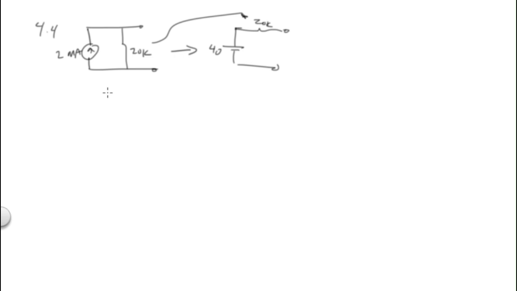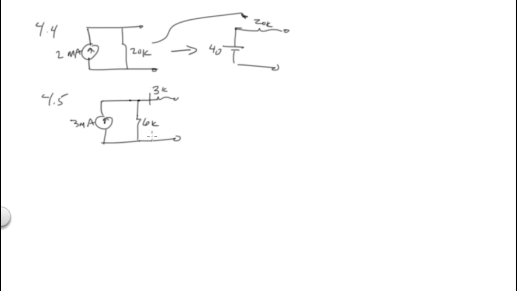The next one, 4.5, is the same thing with figure B. With B, we don't have quite the same thing, but we're close. I'm going to show you a trick here that allows us to do this very easily. We've got 3 milliamps, we've got 6k, and we have 3k up here.